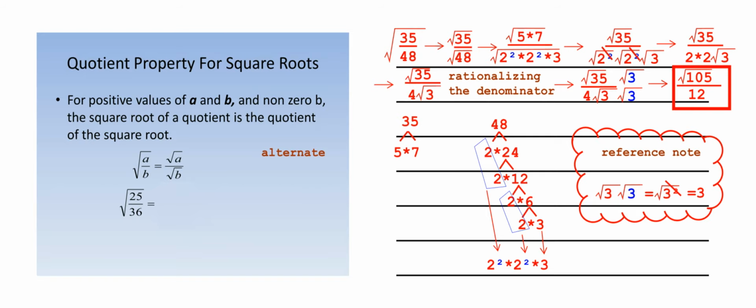But otherwise, let me go back real quick. There's an alternate way of getting a prime factorization tree for that 48. We could have chosen 8 times 6, and we would eventually get down to a prime factorization of 2 squared times 2 squared times 3. Do be aware of that, okay? So that is an alternate way of doing this as well.